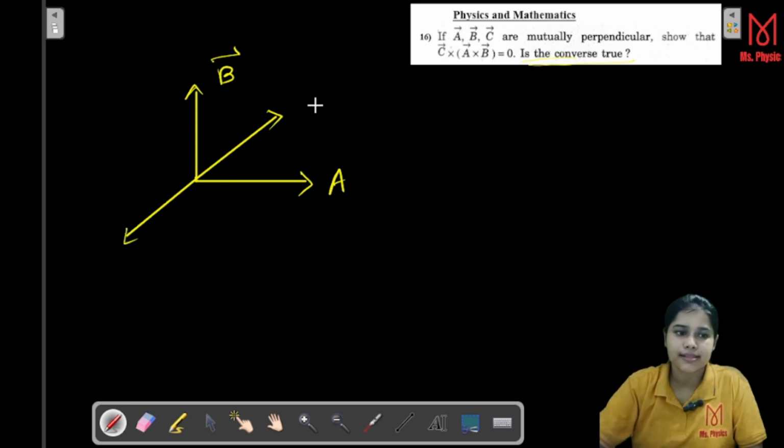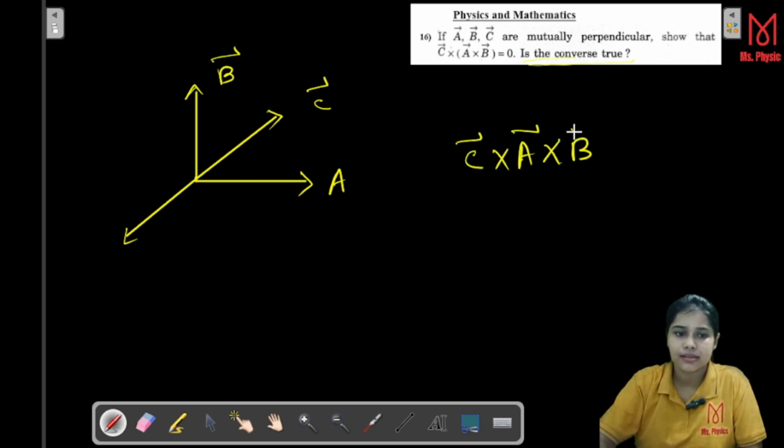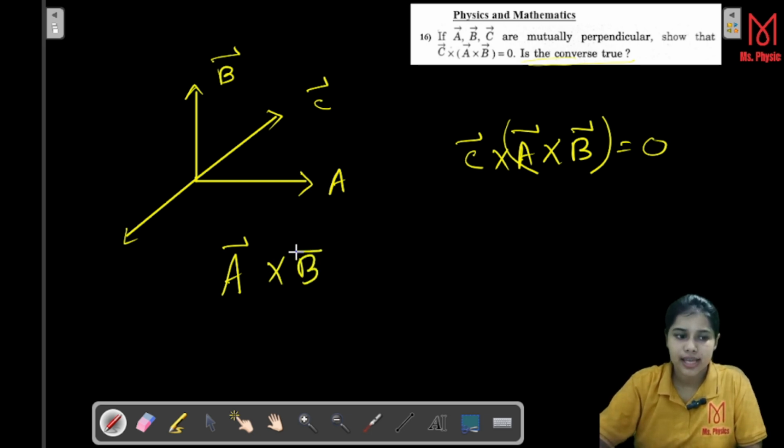Okay, suppose we are considering the vector C along the positive Z direction. First we have to prove C cross A cross B is equal to 0. So we will first calculate A cross B. A cross B is equal to, suppose a vector with magnitude P and the unit vector k cap.